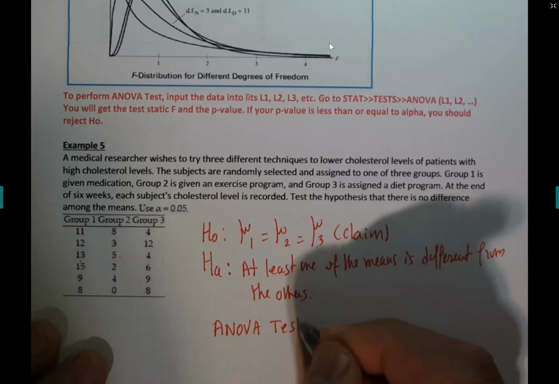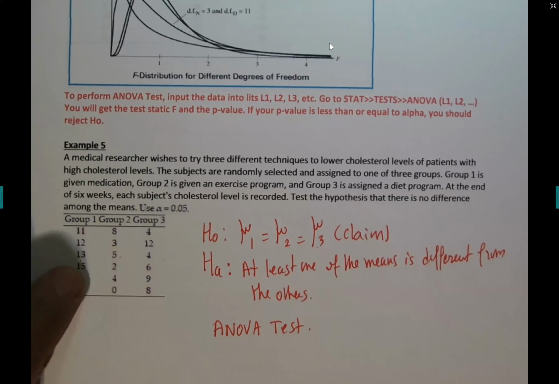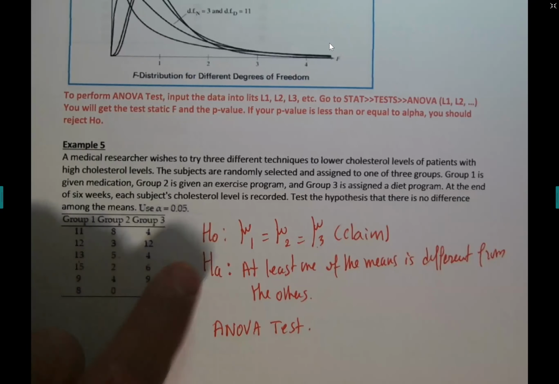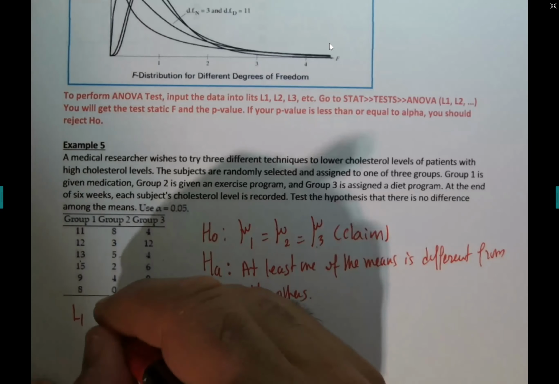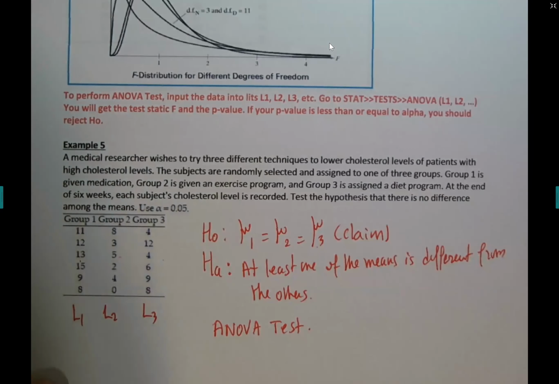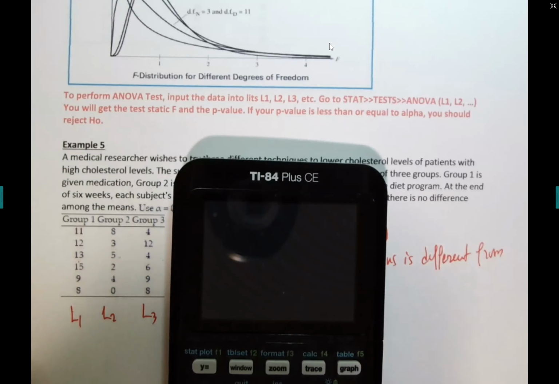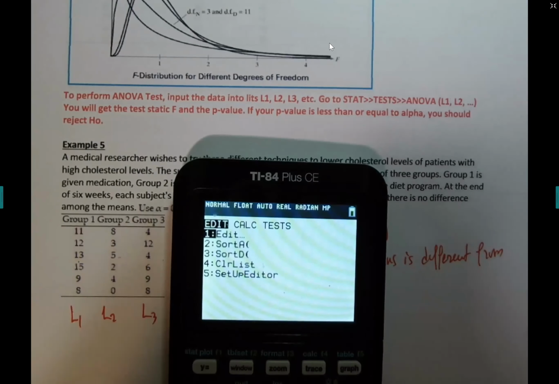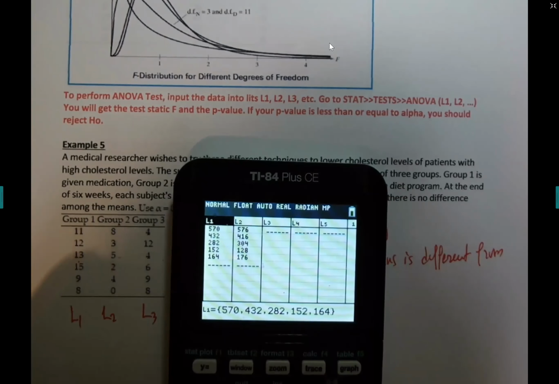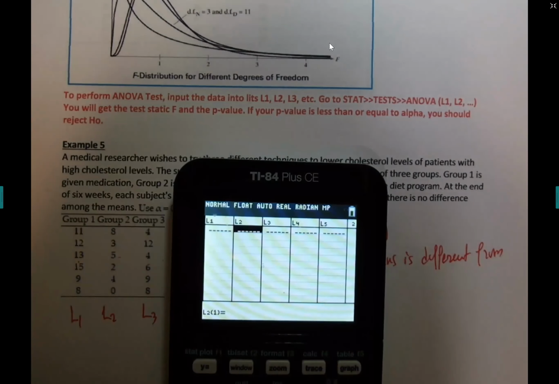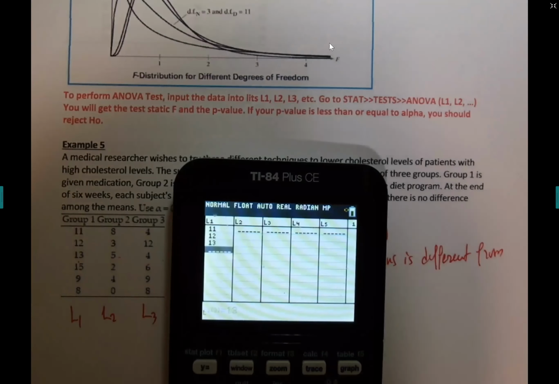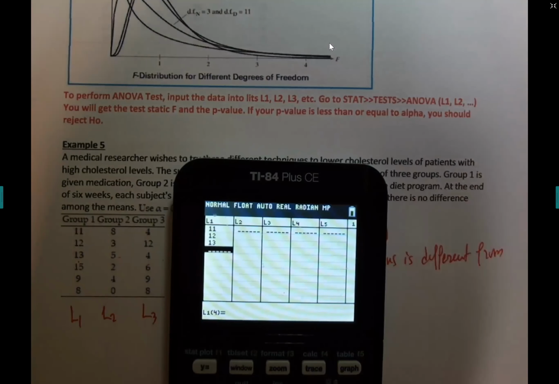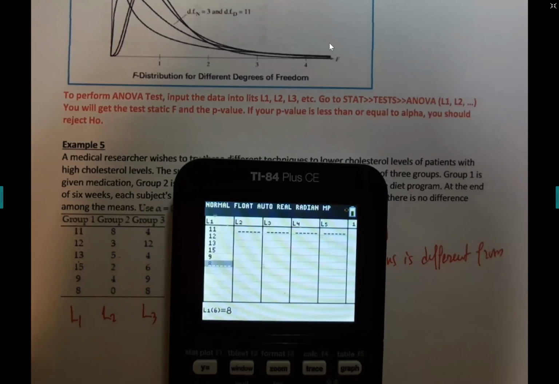And let me show you how to run the test. In order to run the test, input the data in L1, L2, and L3, guys. And actually, it is by far the easiest test to run once you input the data in there. I'll show you in a second. Stat, edit, clear, and L3. Okay, let me just put in the data: 11, 12, 13, 15, 9, and 8.